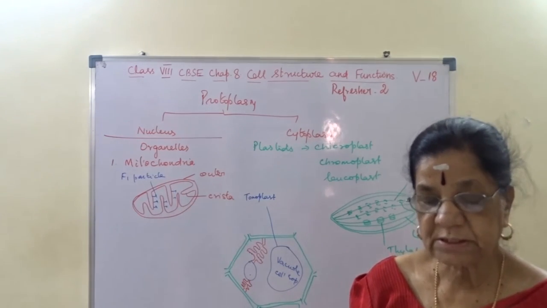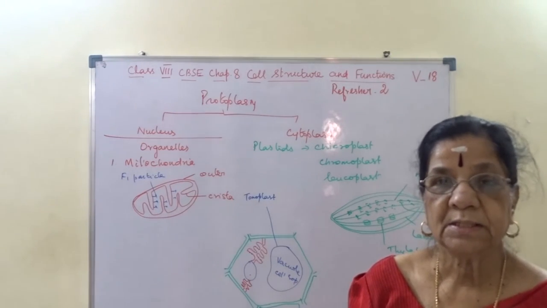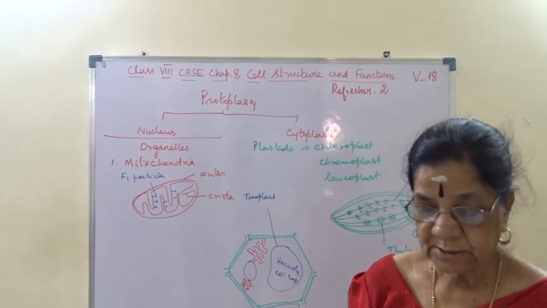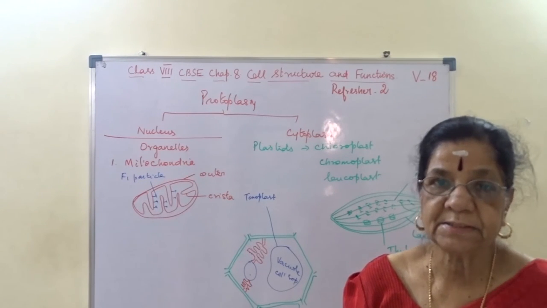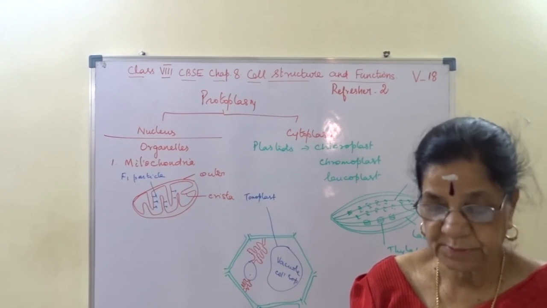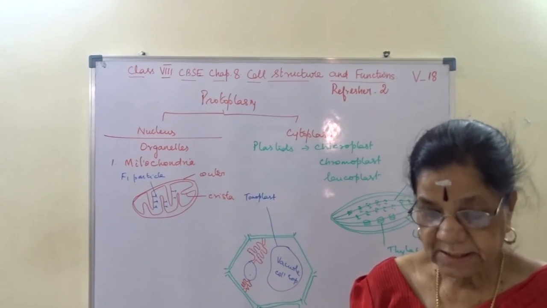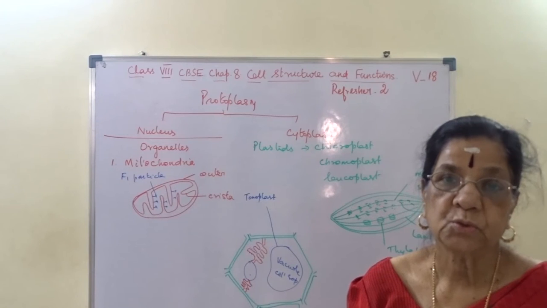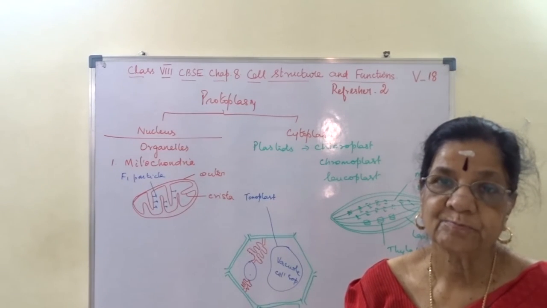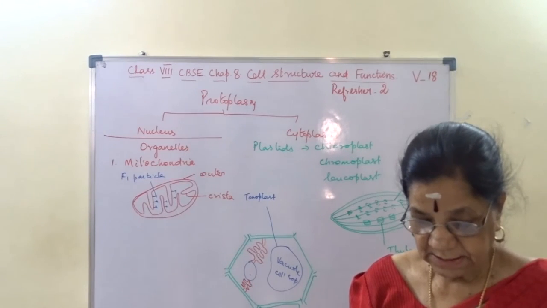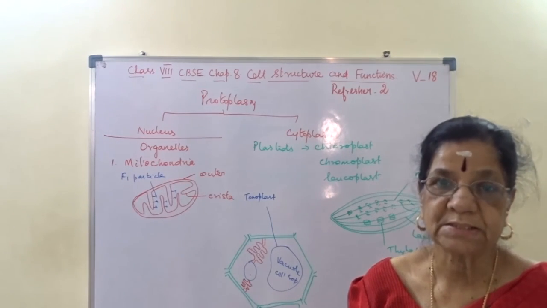The photosynthetic pigment chlorophyll is located in the thylakoid. The non-thylakoid part of the matrix is called stroma, and it contains a number of enzymes involved in photosynthesis. So this is the structure of chloroplast, right?